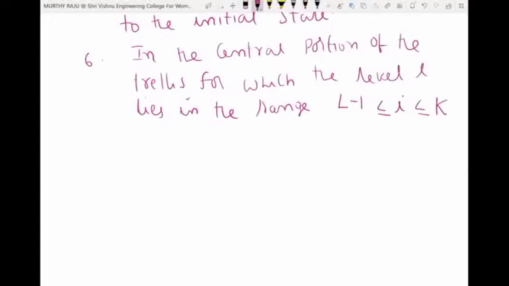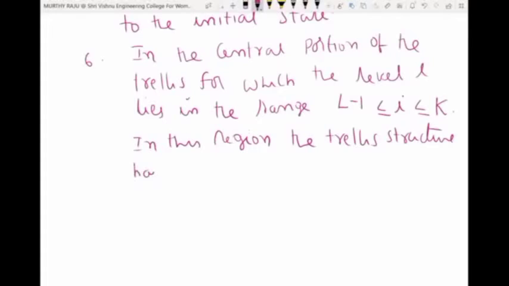In this region, the trellis structure is periodic in nature.